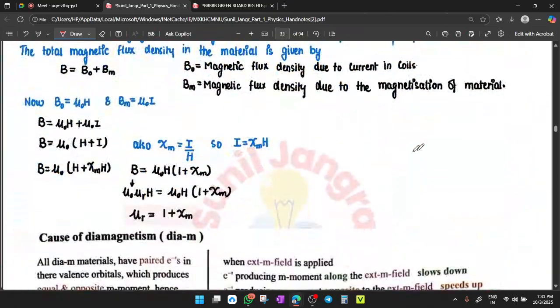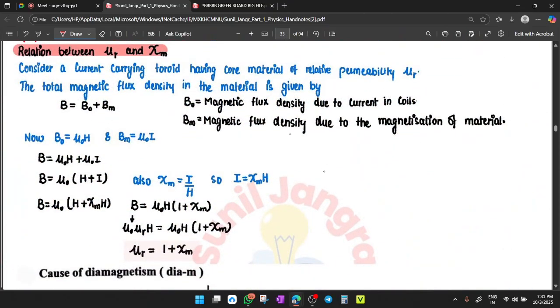Yes or no? So once again, start from there. B equals B naught plus Bm, right? Now, in the place of B naught, you write mu naught H. Clear?